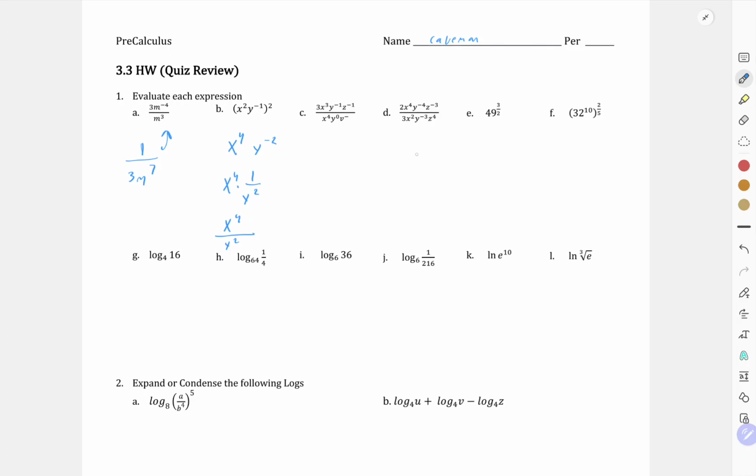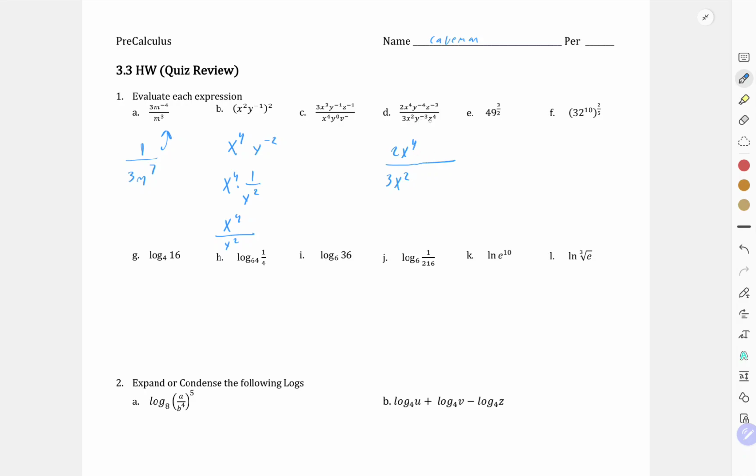Now it's just x4 over y2. This kind of goes the same for all of these, so let's just solve a really hard one to get it out of the way. For example, this one. So you have 2x4 over 3x squared, this kind of stays the same.